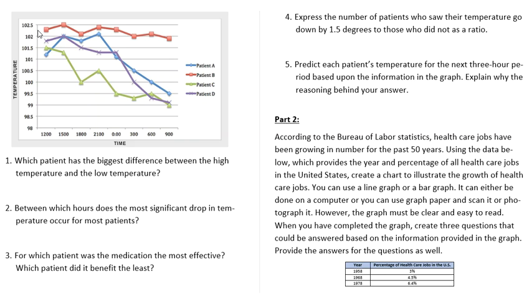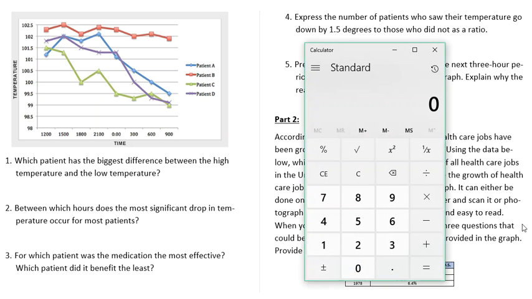So we're going to take our calculator, and we're going to do 102.3, and we're going to subtract the low temperature at the end. Okay, so their low temperature was around 101.9. 101.9, that tells us there was only 0.4 degrees difference in their temperature.